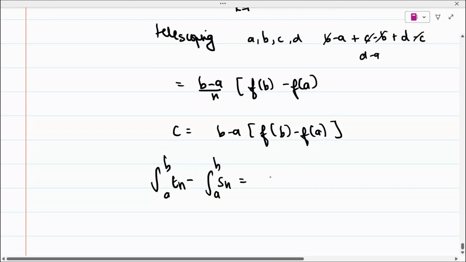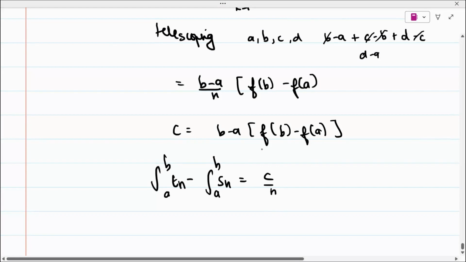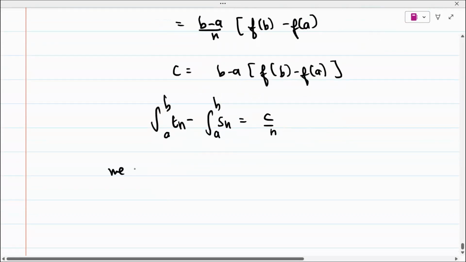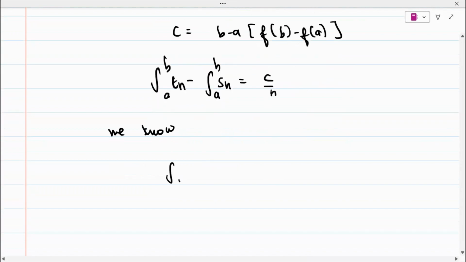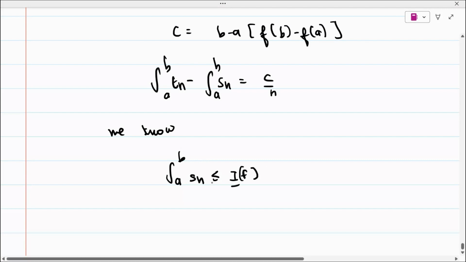So the integral of tn minus the integral of sn equals c by n. We know also that the supremum of this fn function is greater than this, and all of it is less than that.